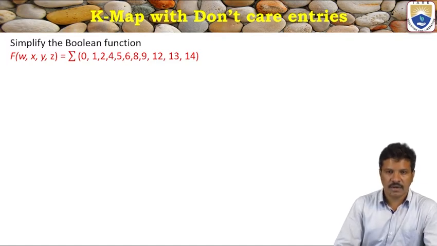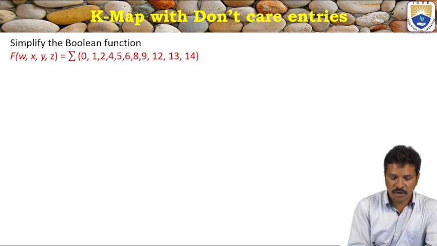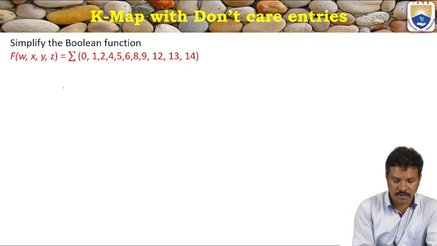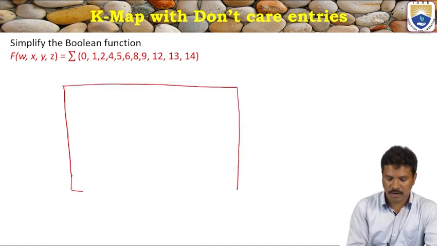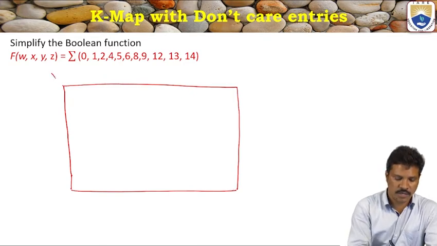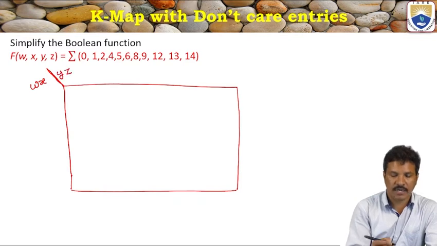If you see here, it is a 4-variable K-map. We can prefer a square box. The K-map is a square shape, and we take 2 variables in the horizontal and 2 variables in the vertical direction. We can separate with this line, and horizontally we can take w x, and vertically we can take y z.